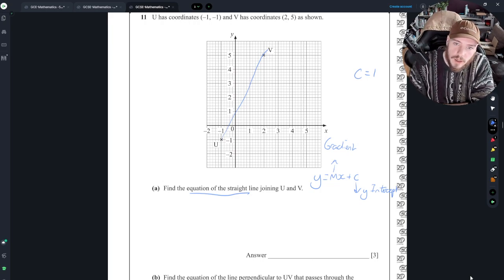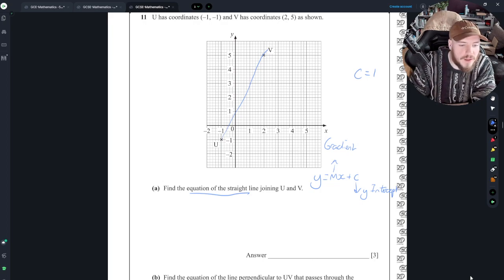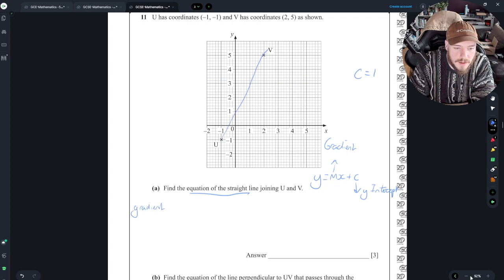So we want to work out our gradient. The equation for our gradient would be y2 minus y1 over x2 minus x1.